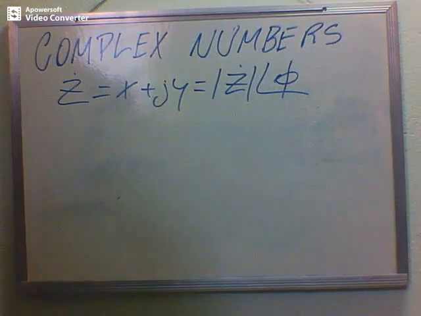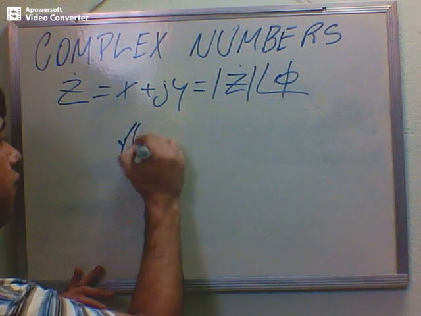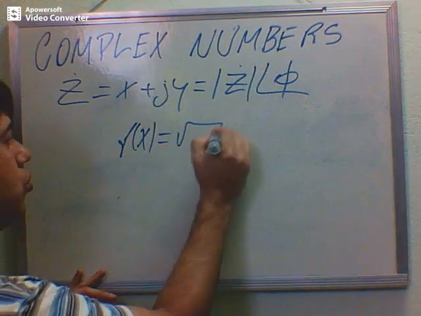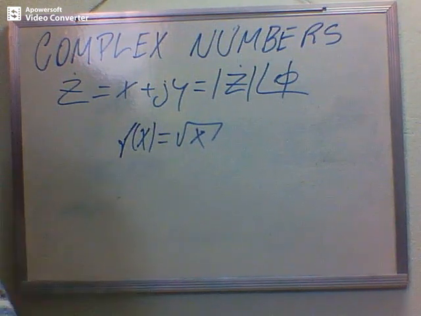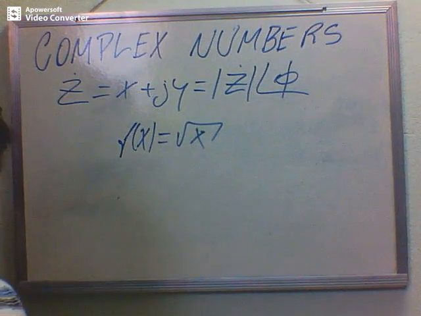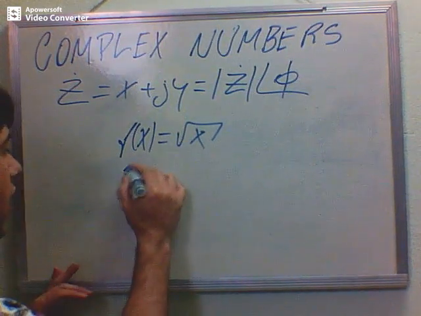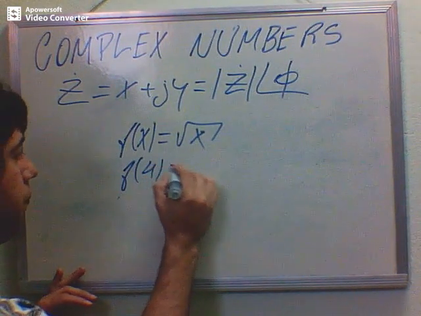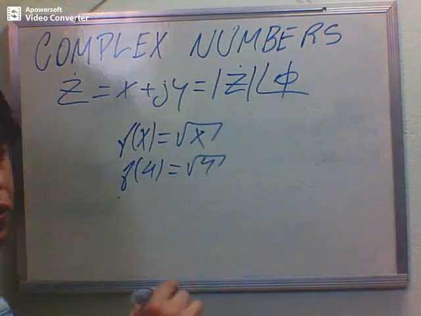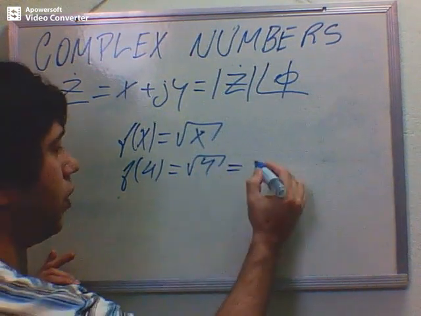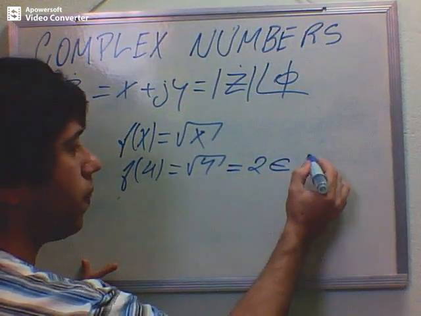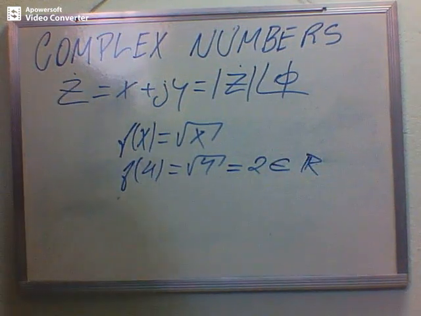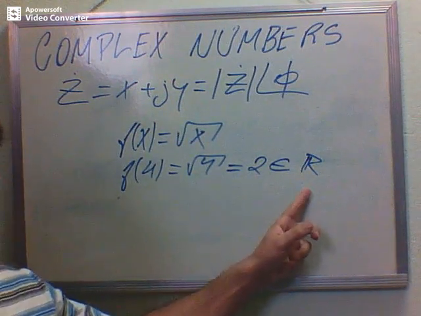But where do imaginary numbers come from? Take a look at this function. F of x is equal to the square root of x. If we use any positive real number, f of 4 is the square root of 4, and we find 2, which belongs to the real set of numbers.